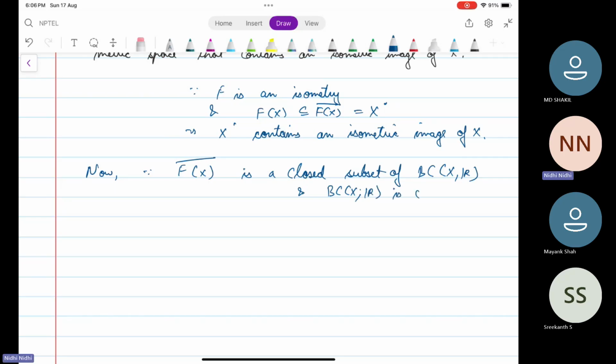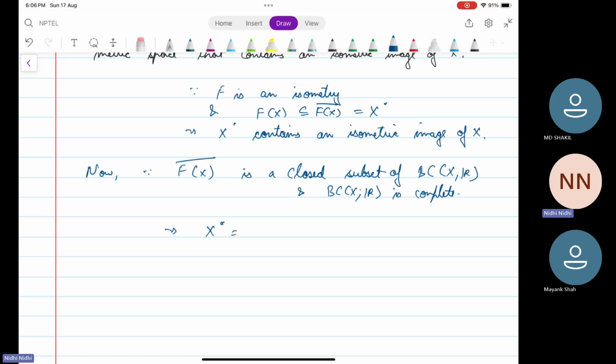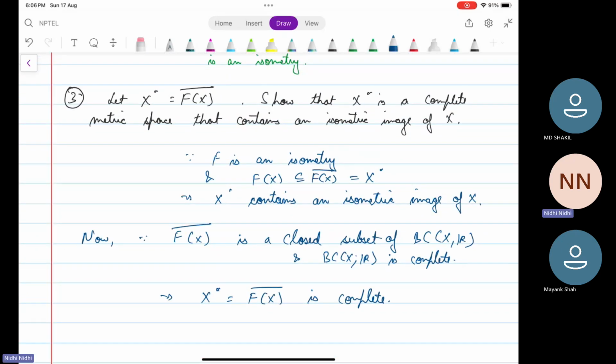A closed subset of a complete space is again a complete space. This implies X star equals f(X) bar is complete. Hence, X star is a complete metric space that contains an isometric image of X.